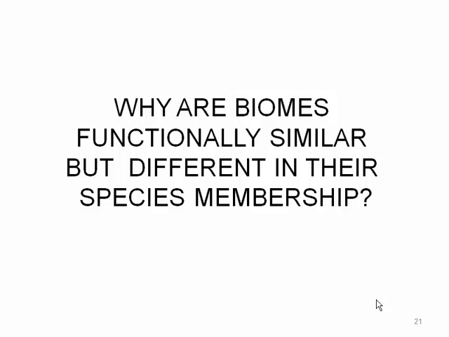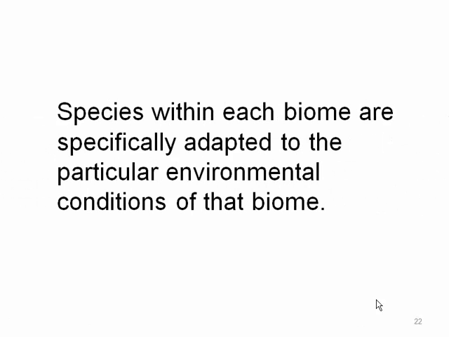Yet the plant and animal communities present in the desert versus a forest are quite different in their makeup and diversity. And this is mainly because within each biome, the different environmental conditions lead to adaptations from the species present. And it's those adaptations that make them uniquely adapted and allow them to thrive and persist.